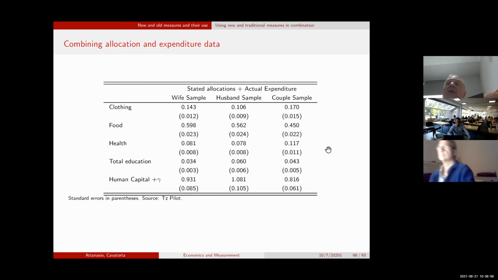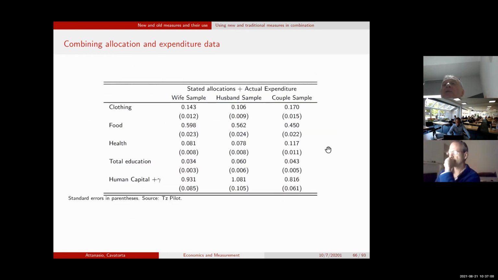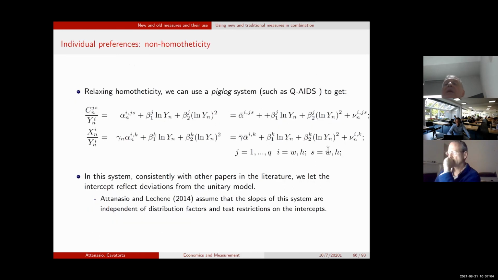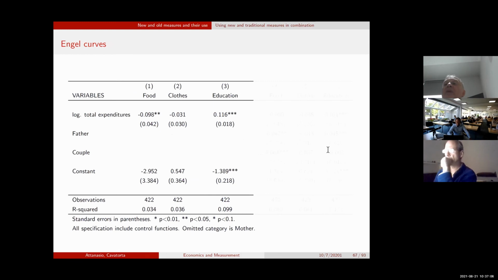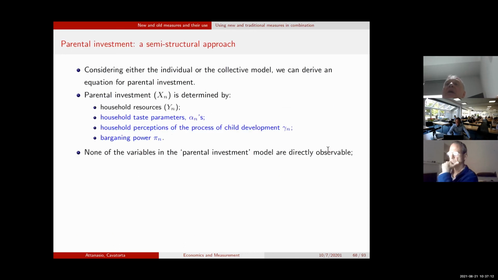And let me finally do the last thing, so let me skip this. Suppose now that you're interested in parental investment.